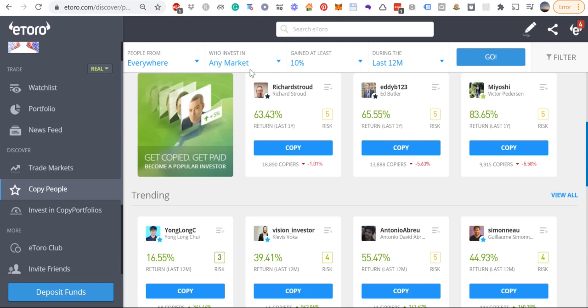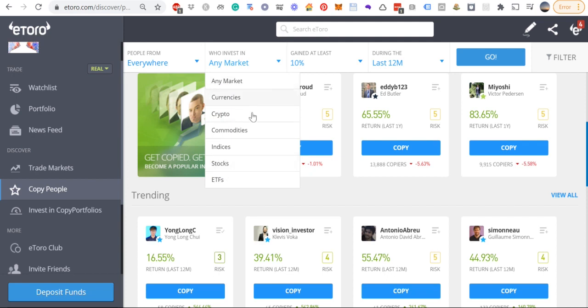Across the top, we've got the main selection criteria. You can look at investors who mainly trade in currencies, so foreign exchange, forex traders, crypto, commodities, stocks, all the main asset classes.